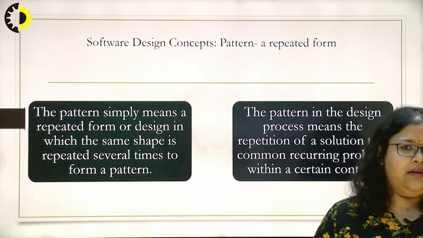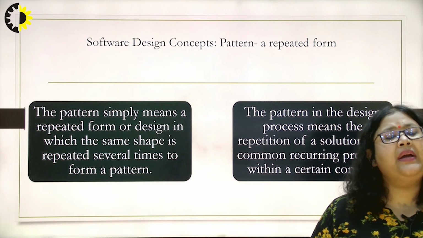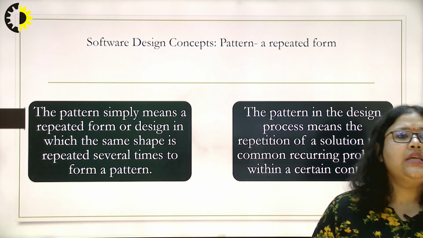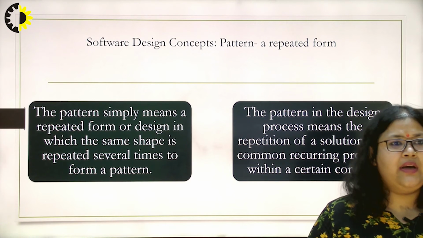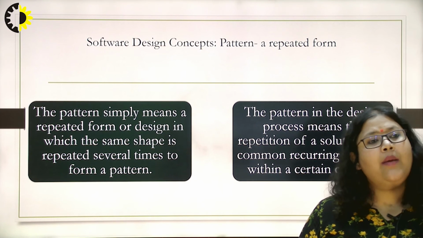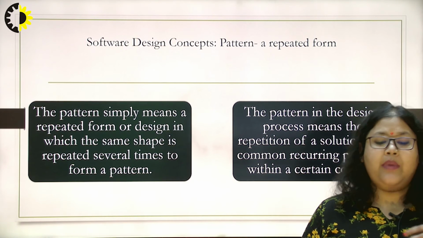Now the pattern. Pattern means something we have to repeat many times. Some shapes that we define in a previous way, and everyone knows about my designs, everyone knows about my patterns.